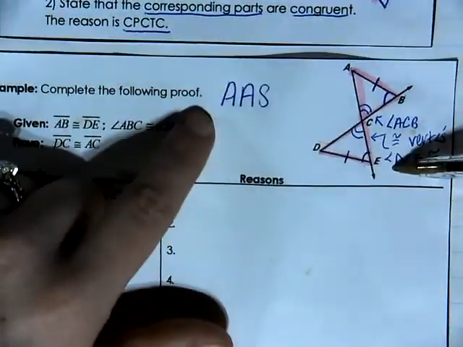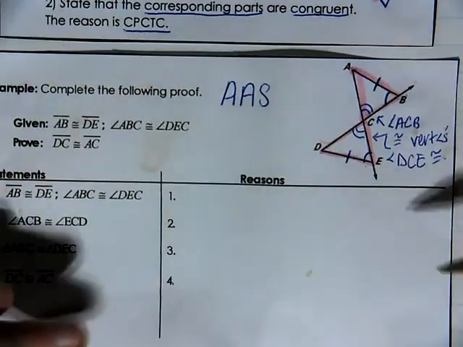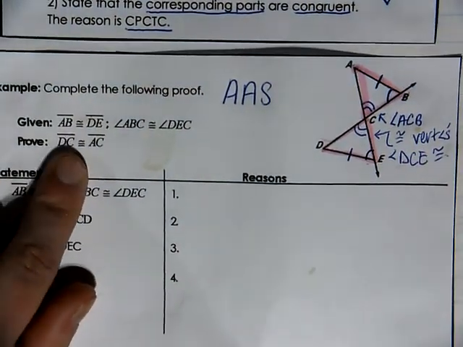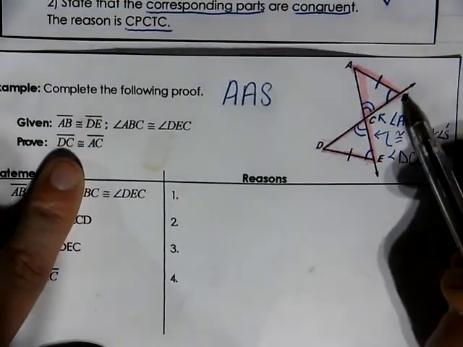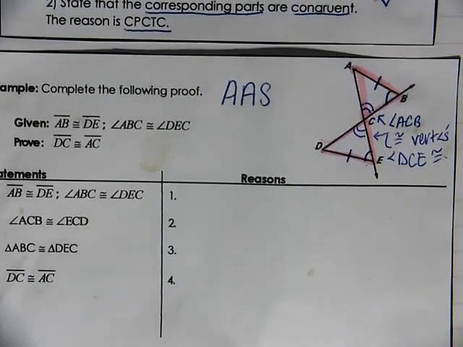So this is all stuff that we've already talked about before, but the thing that's missing is our triangle congruent statement. Notice we're trying to prove that side lengths are congruent, and I don't have a triangle statement to refer to. So we have to come up with our own triangle statement.